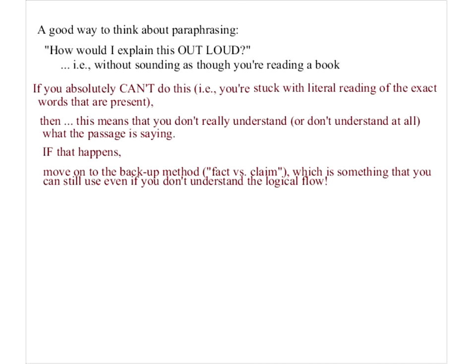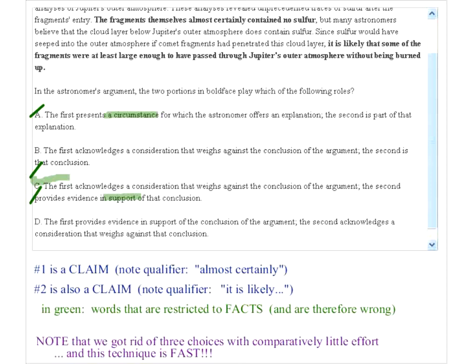There it is. And as you've seen on this problem right here, it can really be a beautiful thing. You can get this one down to 2 choices, and you can also get this one down to 2 choices.